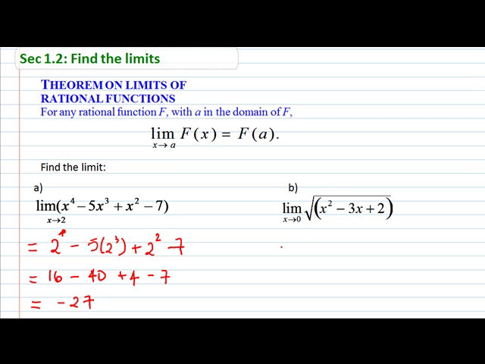If you observe this, when you put 0 inside this function, our radical becomes 0 minus 3 times 0 is 0, plus 2. So in other words, 0 is inside this domain. Because I can evaluate at 0, I got 2. So when x goes very close to 0, this function goes very close to the square root of 2.